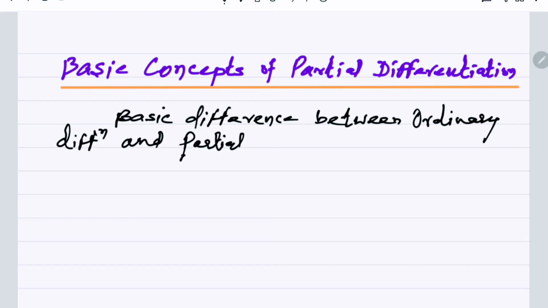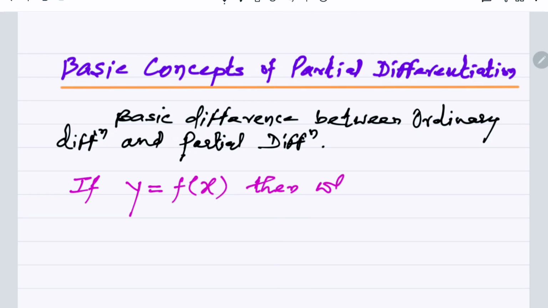For that, consider y is equal to function of x, y as dependent variable and x as independent variable. Whenever we have such type of function of only one independent variable, then whatever the derivatives we are obtaining, that derivative is called as ordinary derivative.